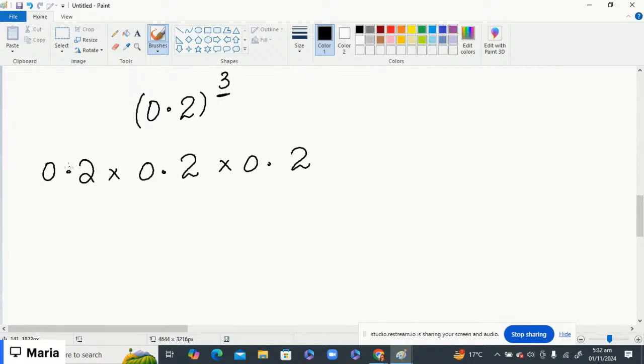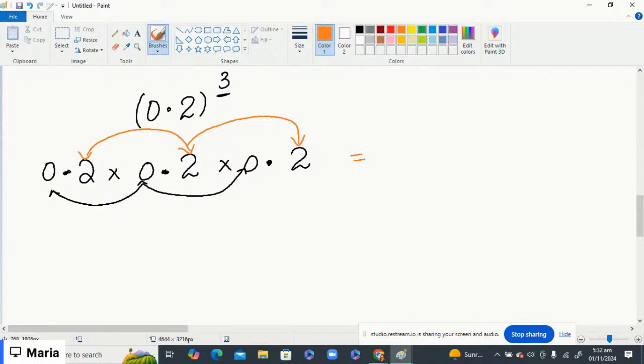Now how can we multiply? I already told you. We multiply the numbers before the decimal with each other and the numbers after the decimal with each other. So this is 0.2, 0.2 and 0.2. Multiply these zeros with themselves, and multiply these twos with themselves. So you guys tell me the answer of this one. I'm not telling this time.